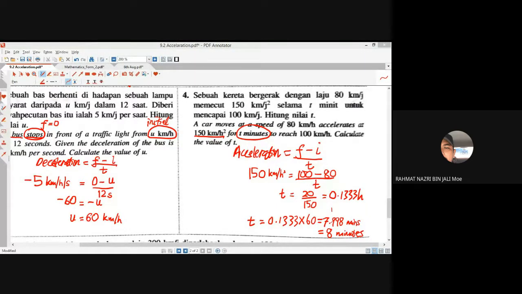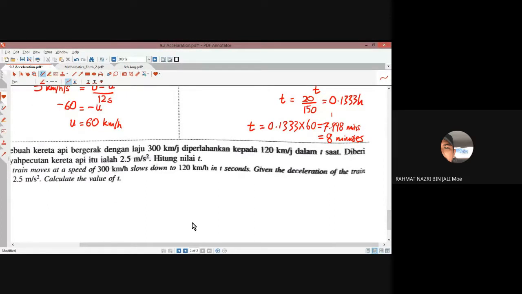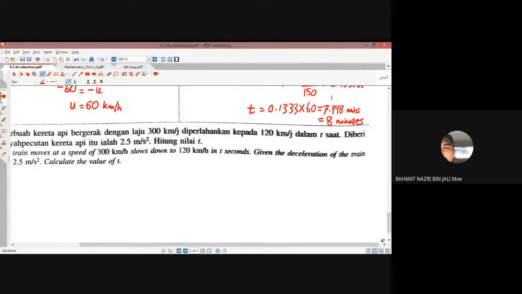Number 3 is 60. Okay, number 5. Belum kita bincang lagi ya. Masih nombor 4. Okay, sekarang last question. Gloria dah buat. Jawapan dia ialah calculate the value of T. The answer is not 72, sorry. The answer is 20. 20 seconds.